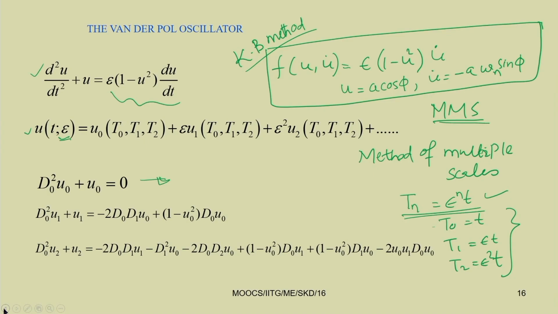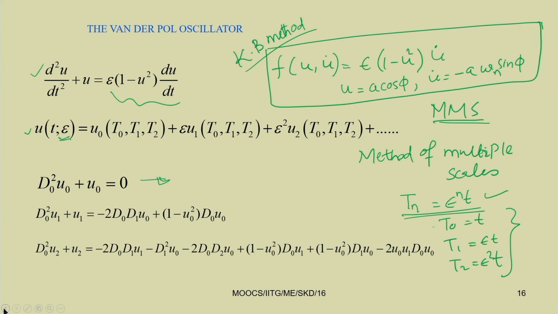So, your equation at that time becomes d²u/dt² plus u equal to ε into (1 minus u²) du/dt, then minus εαu³ minus εβu², and you can proceed. So, either you can use this KB method or the method of multiple scales to find the response of the system.